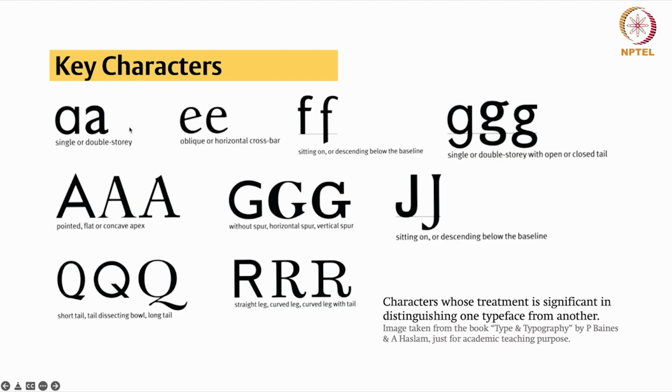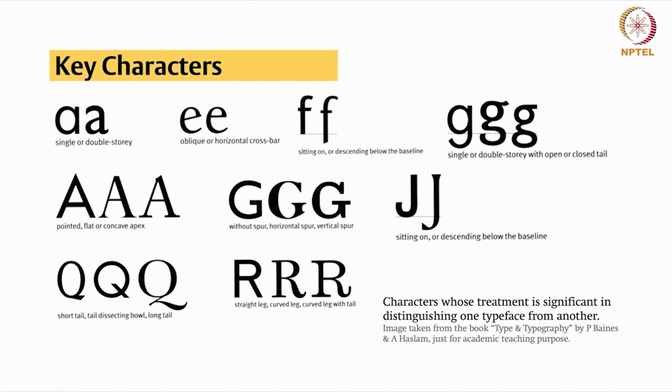Similarly, if you look at letter E, many times you will find that the horizontal crossbar has been turned oblique, and these changes have been made just to make the letterform unique. It is also visible in letter F, where the first letter is sitting on the baseline, whereas the second letter is descending down the baseline.